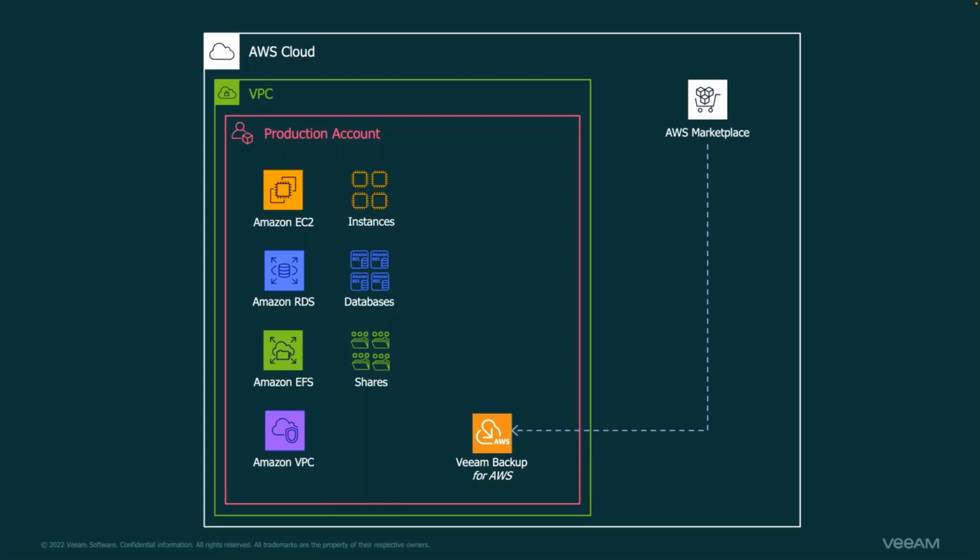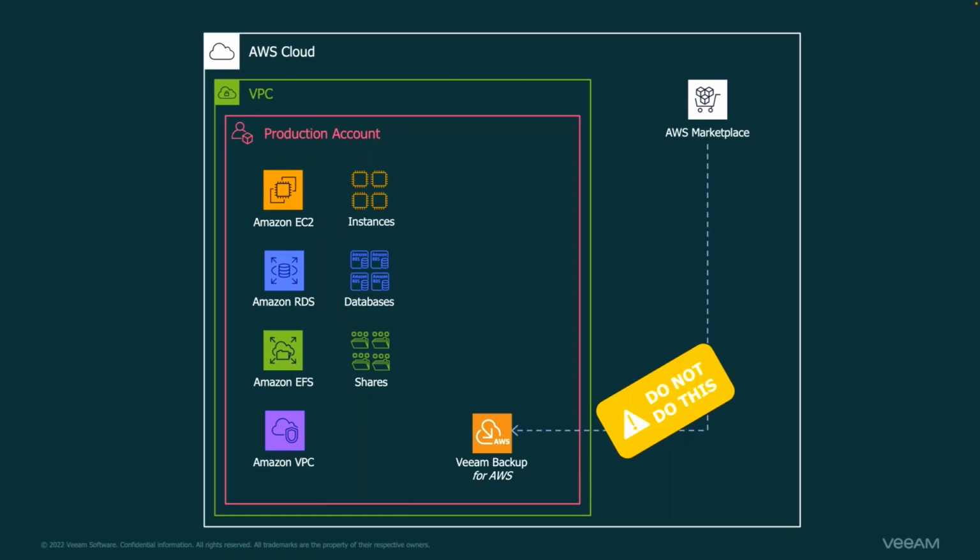Typically, you can deploy the Veeam Backup for AWS through AWS Marketplace. For simplicity, you can deploy the Veeam Backup for AWS appliance directly into your production account. But please do not do this. That's what the topic is about.